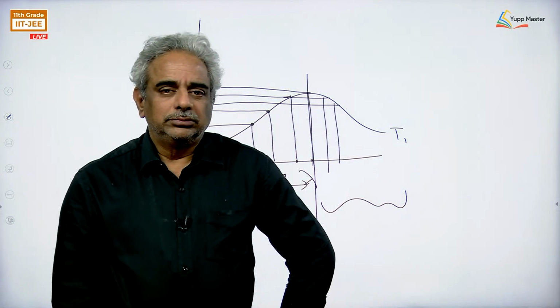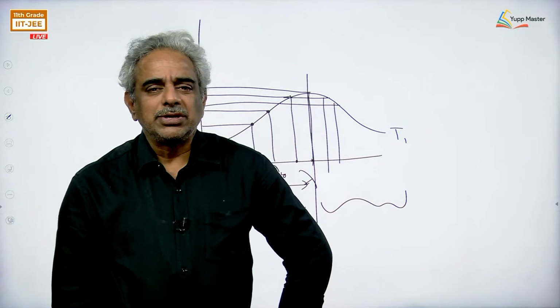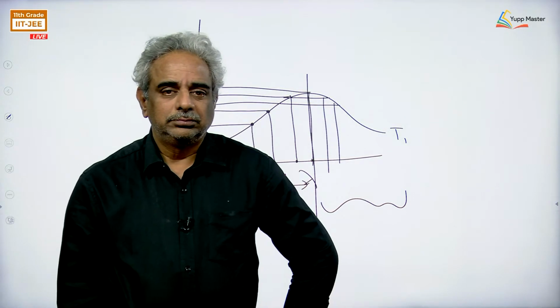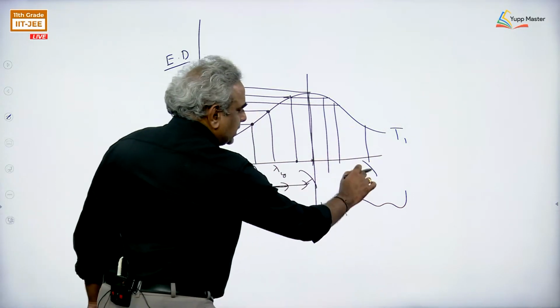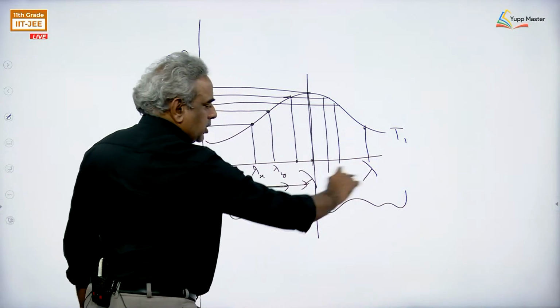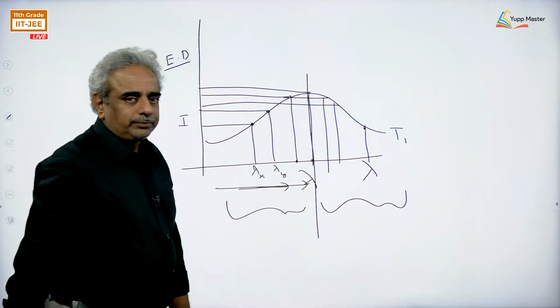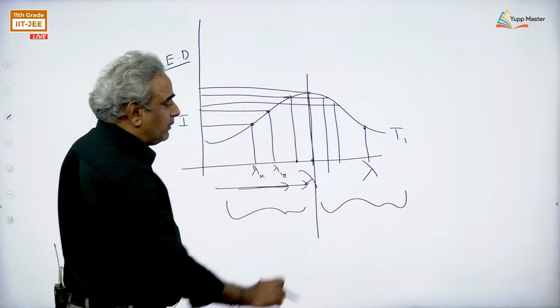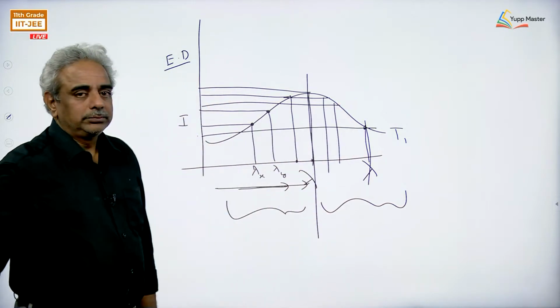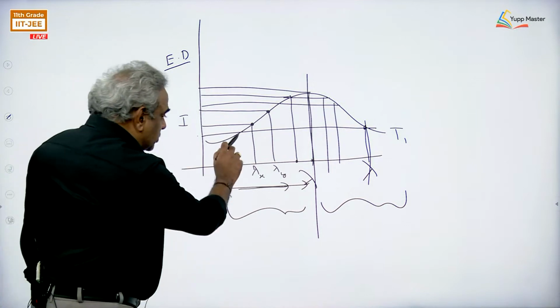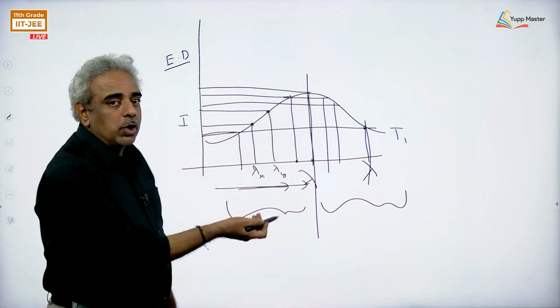Means what? Blackbody is emitting radiations at random. There are high wavelengths. This wavelength is very high. See how big a wavelength. Wavelength is high, but intensity is low. Wavelength is low, then also intensity is low.